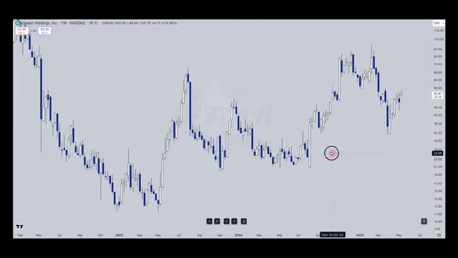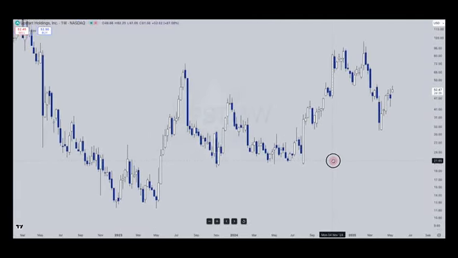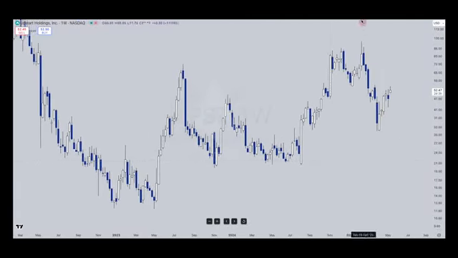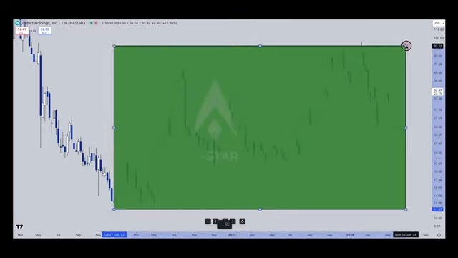Another part of the chart that is bullish on the weekly time frame that we're going to observe real quick is this section right here.